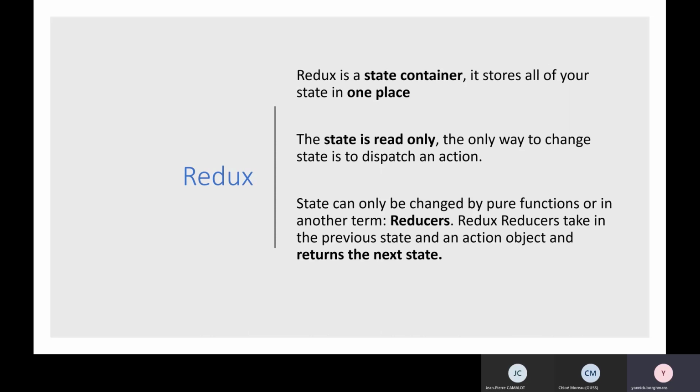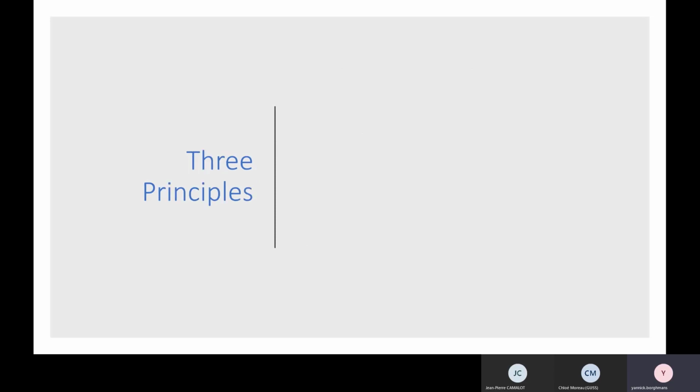So when your component needs to perform a state change, you need to dispatch that action, and that will be handled inside of the reducer. So the reducer takes in the previous state, performs that action, and then returns a new state.